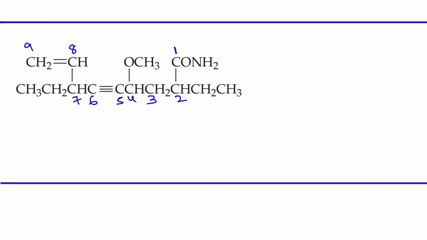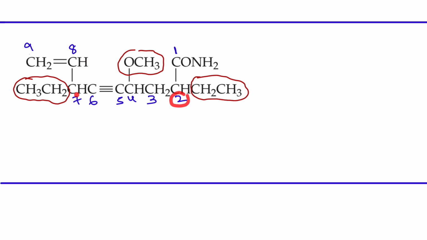Now you identify the substituents. Here this is methoxy, this is ethyl, this is also ethyl. In order to indicate the names of the substituents, we have to use prefixes, and while writing the names of prefixes, you have to depend only on alphabetical order. The name of this group is ethyl, the name of this group is methoxy, and in alphabetical order, ethyl comes first.